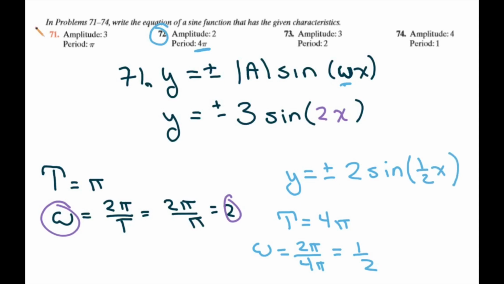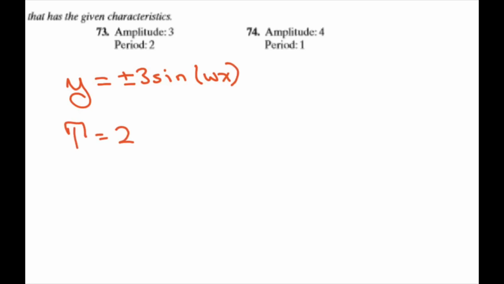So there's your equation. So you can try the next two if you want, and I'll put them on this next page. So for this one, this would be y equals plus or minus 3 sine, and we're going to need an omega x. So our period is 2.